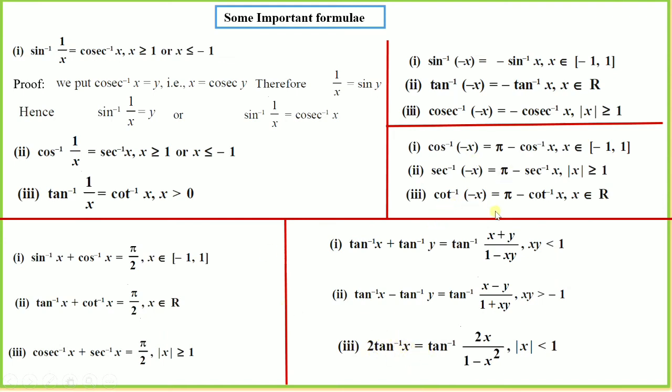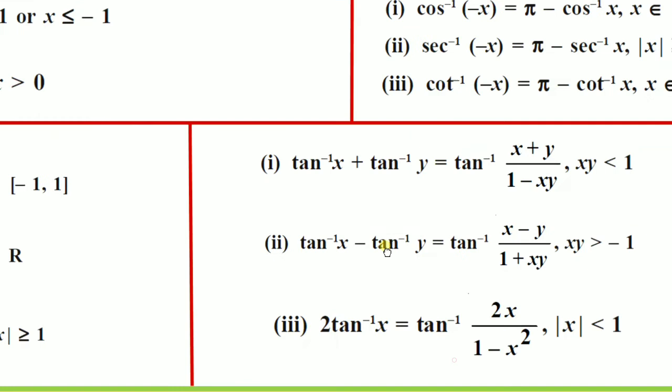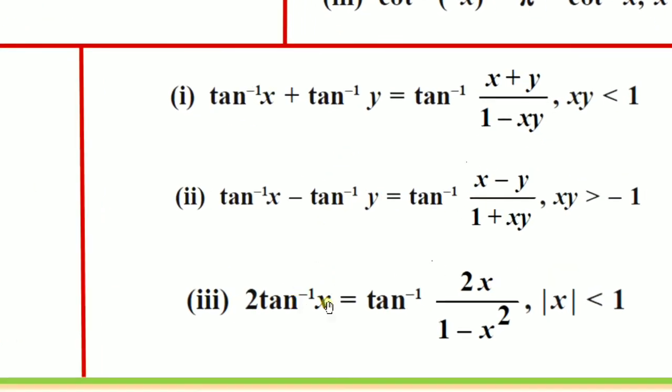If you remember, tan 2 theta is equal to 2 tan theta upon 1 minus tan square theta. Same thing here: 2 tan inverse x is equal to tan inverse of 2x upon 1 minus x square.